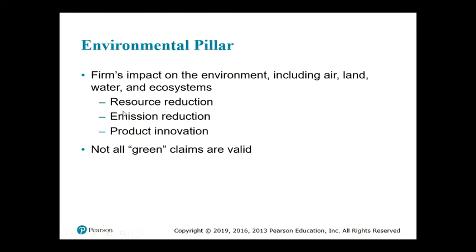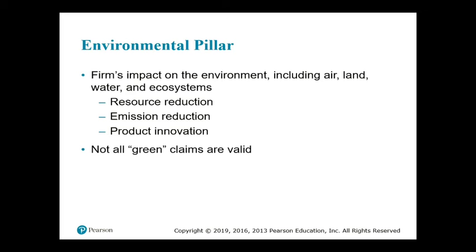The emission reduction part deals with the impact of emissions, waste, or water discharges, or environmental impacts of the company in the community that the company is affecting. And product innovation reflects the firm's ability to reduce the environmental costs and burdens for its customers through the development of eco-efficient products or services.